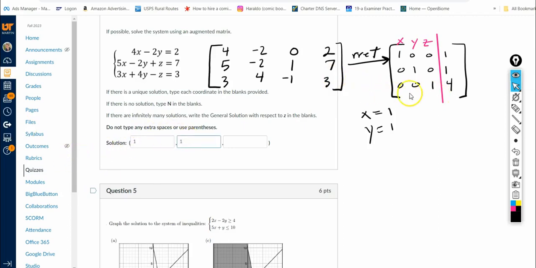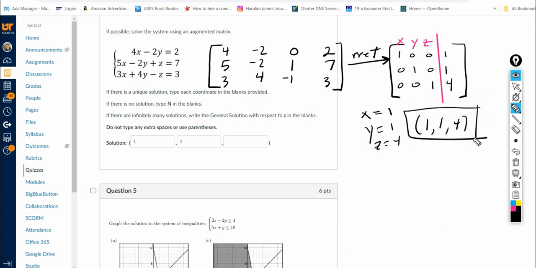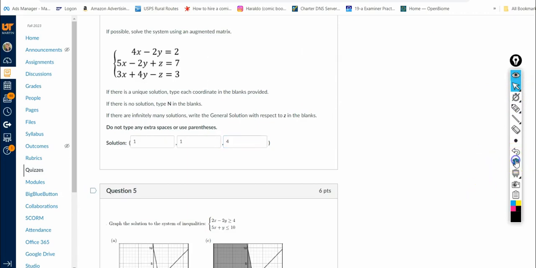And finally, my last row tells me 0 times x plus 0 times y plus 1 times z equals 4. So my answer is there's a unique intersection point in 3-dimensional space, and it has coordinates (1, 1, 4). And that's what we put into here. All right.